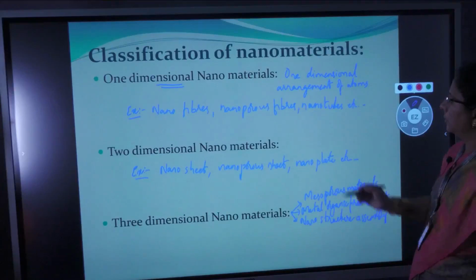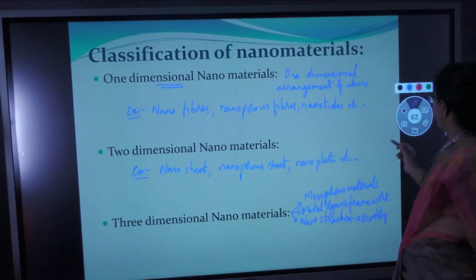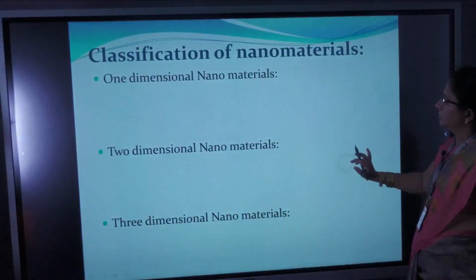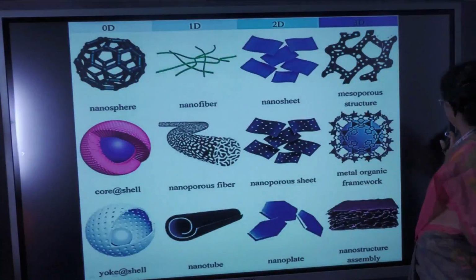Now I will show you the pictures of these examples. So see here.